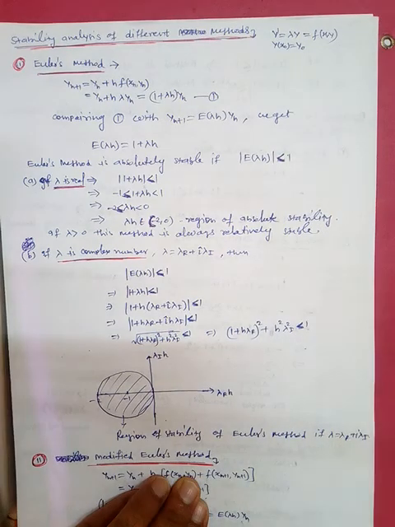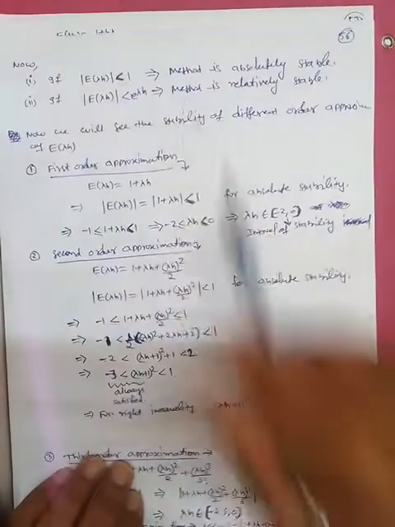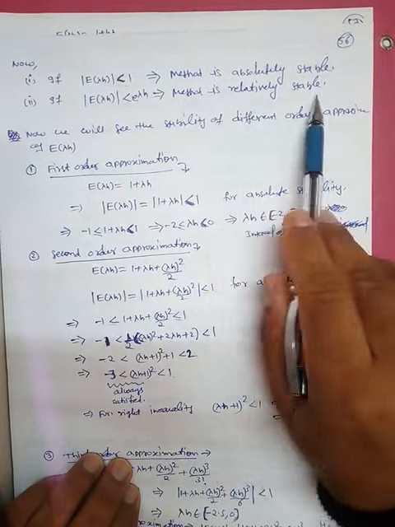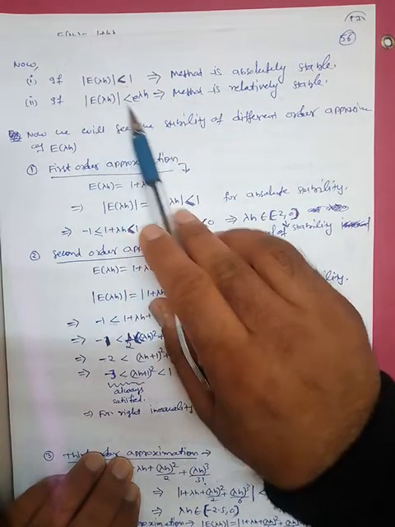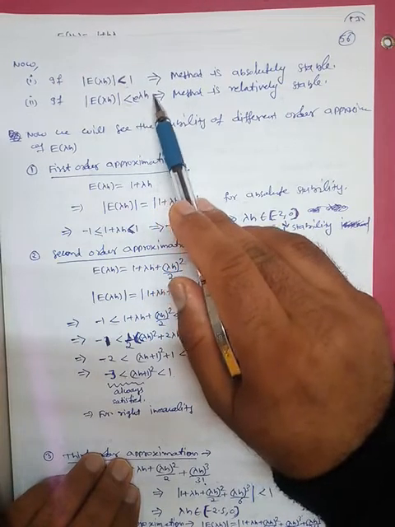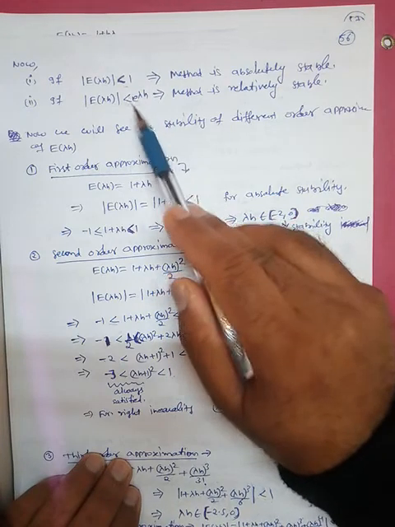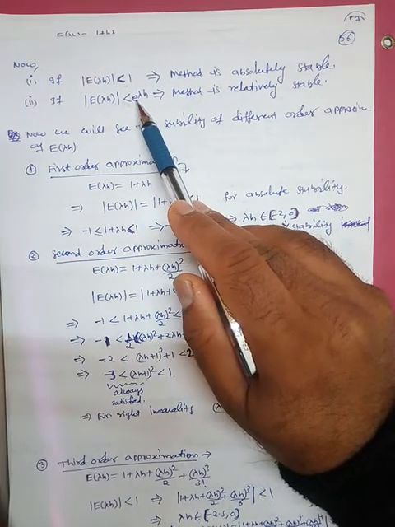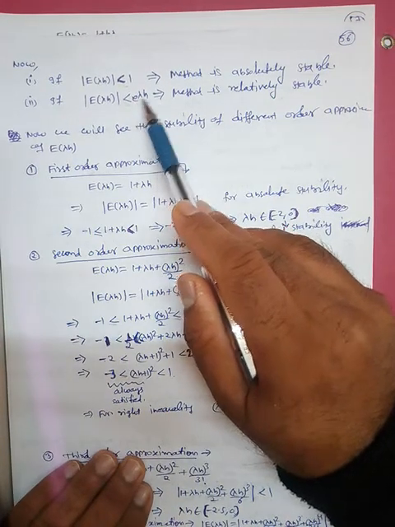We know the condition for relative stability: the magnitude of e^{λh} should be less than e raised to the power λh. Because λ and h are positive, e raised to a positive quantity is always greater than 1, since e is 2 point something.